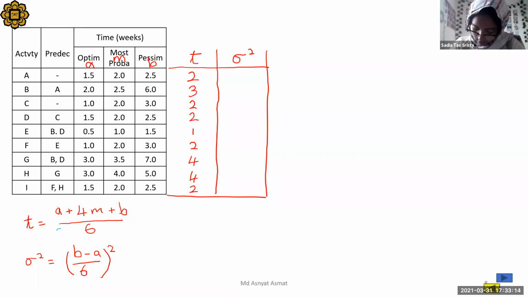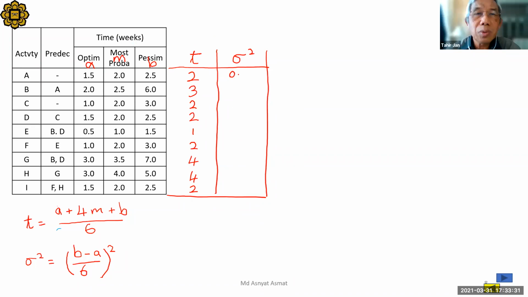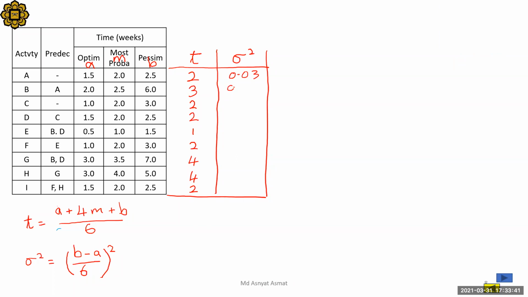Let's find the activity variance. The variance for each activity, just give me 2 decimal places, that will be sufficient. 0.03. 16? Something not right.